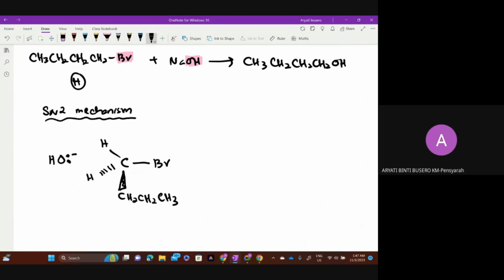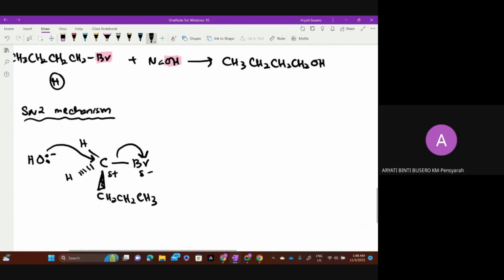So kita buat tanda negatif kat sini. So bromine partially negative, carbon will be partially positive. So dia berlaku secara serentak. OH akan attack this carbon from the back side. So arrow mesti double headed arrow. So bromine akan attract 2 pair of electron into bromine sebab dia more electronegative. This reaction is very slow. Ini pun compulsory mesti tulis sebab dia ialah langkah yang menentukan kadar tindak balas.